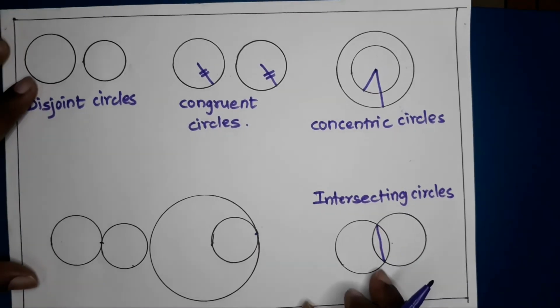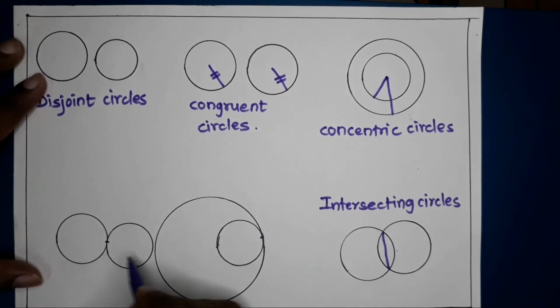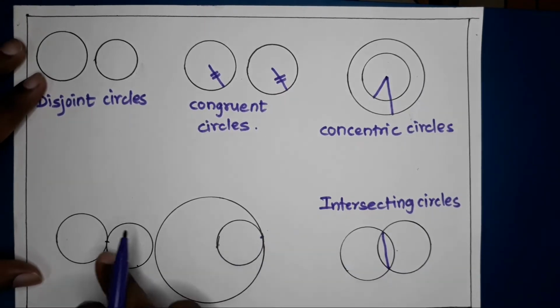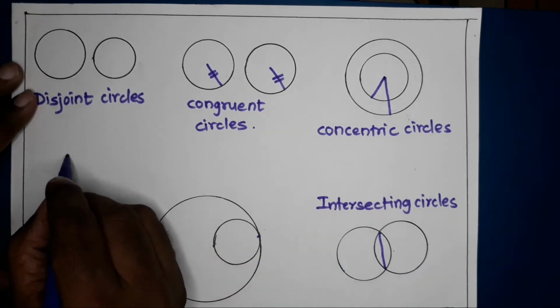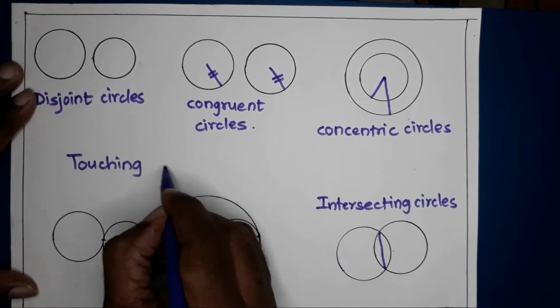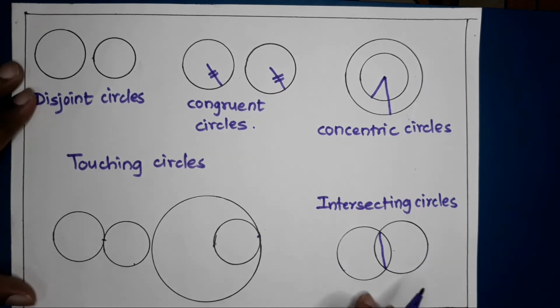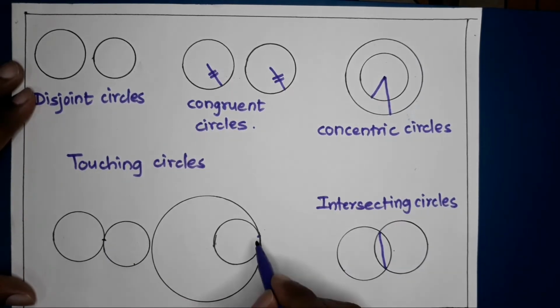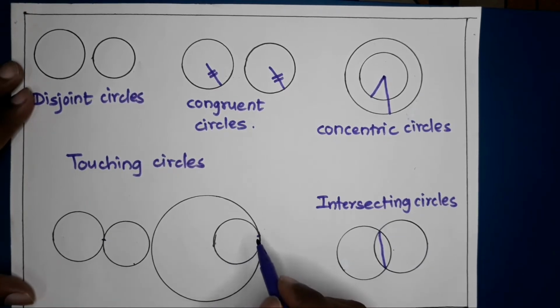And if two circles are touching each other, then they are called touching circles. Here these two circles are touching externally, and in this figure these two circles are touching internally.